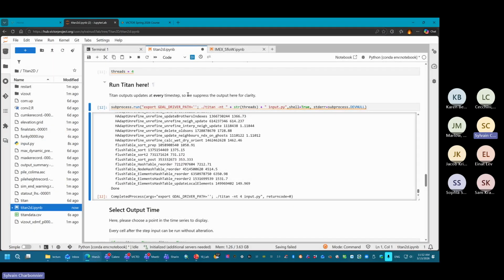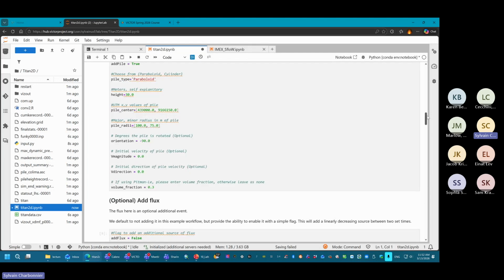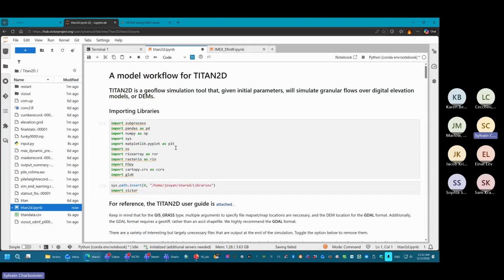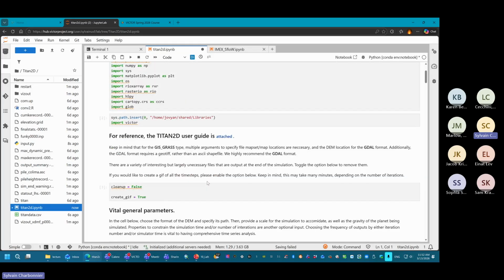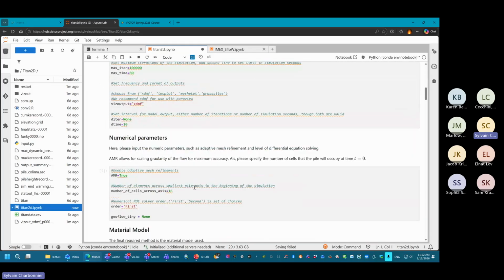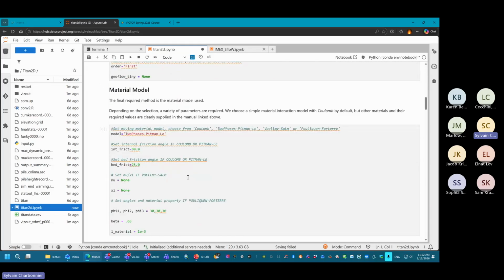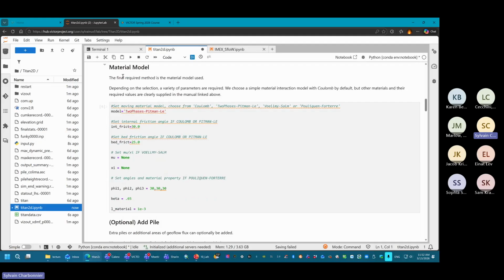Yeah, so what you can do with Titan 2D is change the rheology to model Lahars. So if we go directly to cell number 6, you can see here that you have the material model. And remember how we chose the Coulomb model last time.